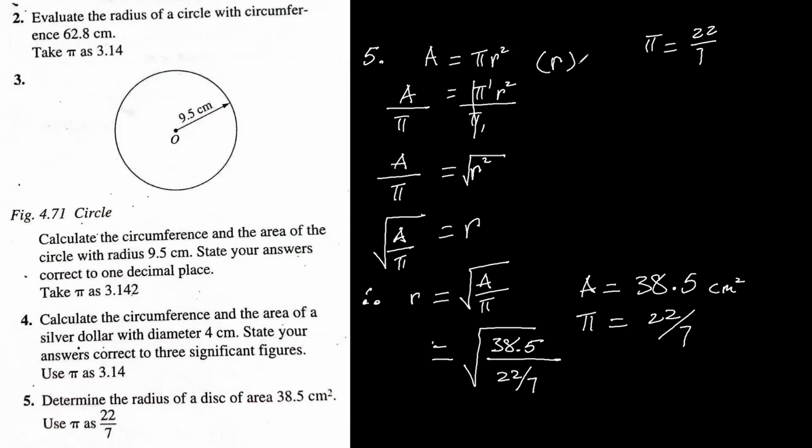All right. Mikkel, yes, that's correct. Jacob, did you send back your answer? Ezekiel, no. Put the square root of 38.5 divided by 22 over 7.